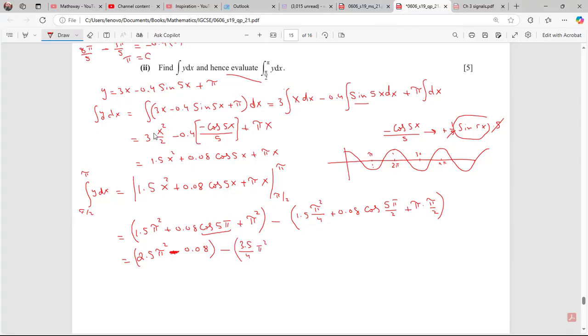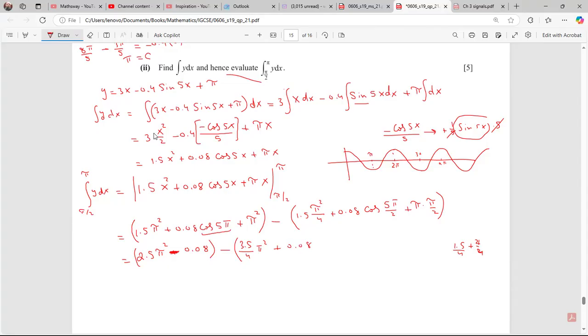Okay, 1.5 over 4 and plus 1 by 2. So this is 2 by 4. So this is 3.5 by 4, yes. Okay, so I put this and this together plus 0.08.